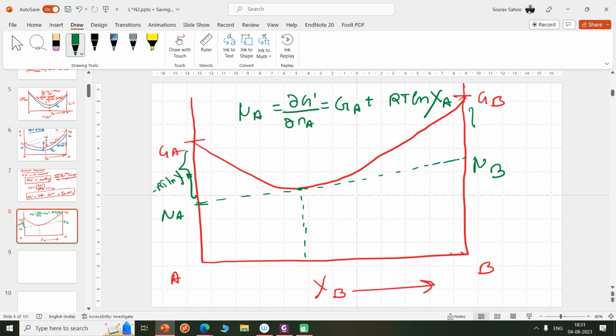So this distance is minus RT log chi B. And this is the chemical potential of B, mu A and mu B. So we'll see how we can apply this in numericals. So we'll see that ahead.